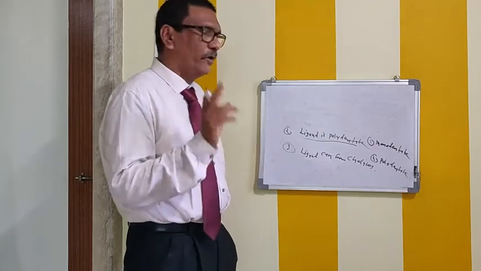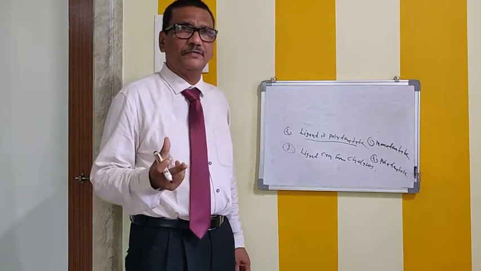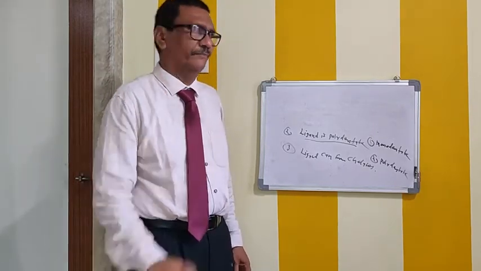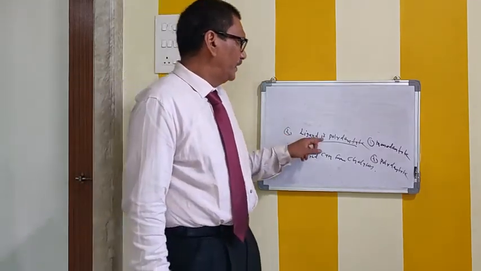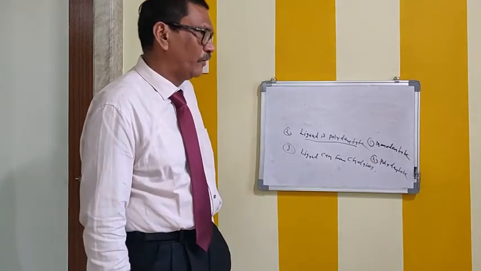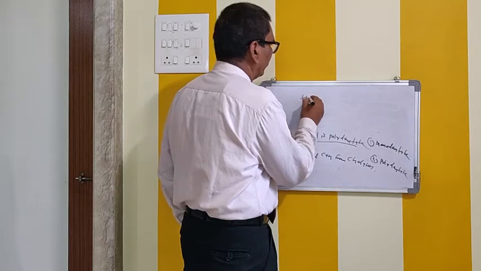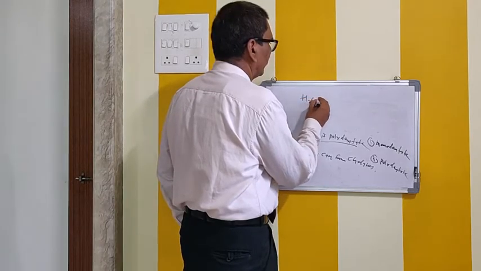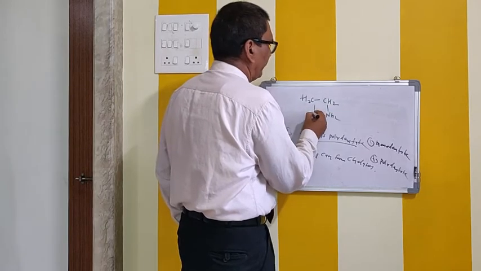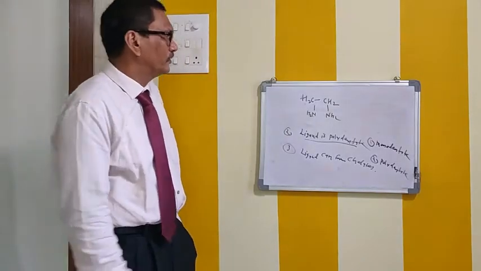If it has 2 points of attachment, it is called a bidentate ligand. If it has 3 points of attachment, tridentate; 4 points, tetradentate, and so on. So polydentate ligands are those which have more than one point of attachment. For example, ethylene diamine: 2 nitrogen atoms are there, NH2, CH2, CH2, NH2.